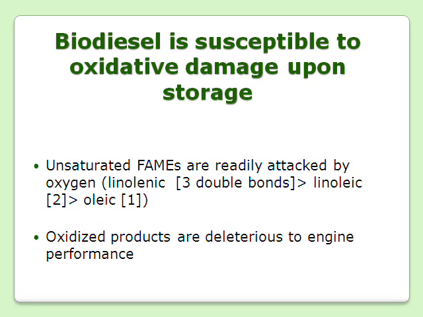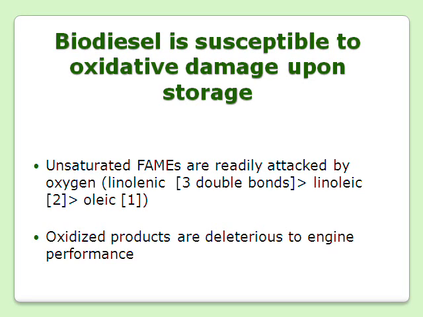The fatty acid linolenic acid, which has 3 double bonds, is the most rapidly attacked, followed by linoleic acid, which is the most abundant fatty acid in soy biodiesel, and oleic, which has only 1 double bond, is much slower. But in any event, when this oxidative damage begins and continues, the resultant biodiesel is much less useful for using in engines.